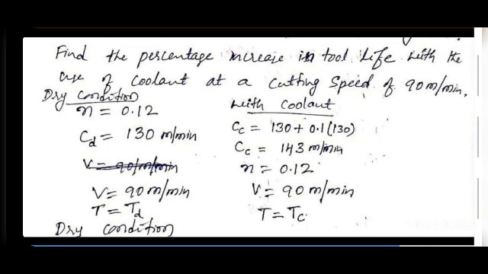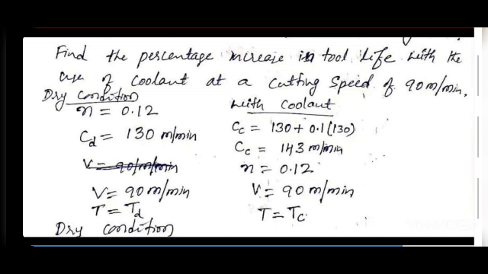So V is equal to 90 meter per minute in both the cases, in dry condition as well as coolant condition. The life of the tool in dry condition is TD, T suffix D. Life of the tool in coolant condition is TC.